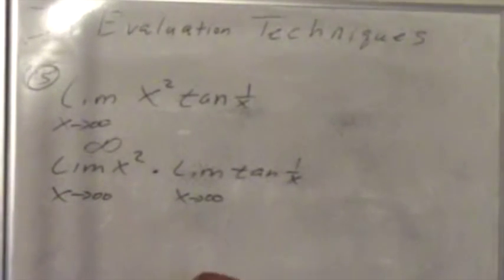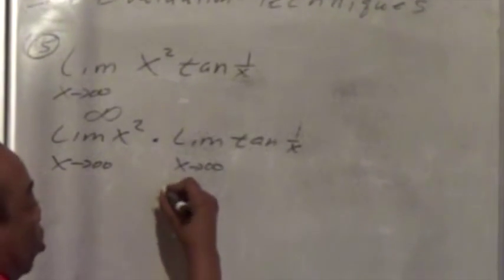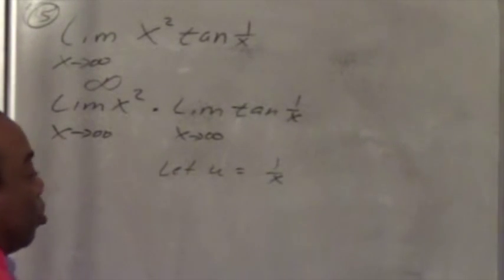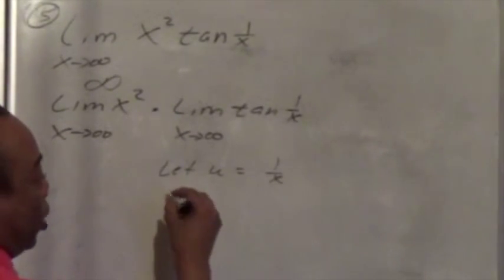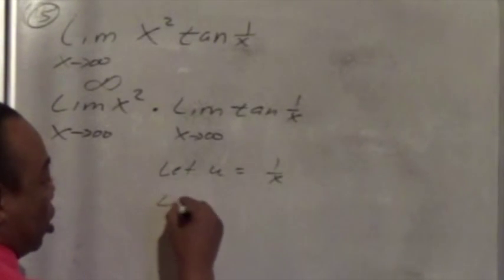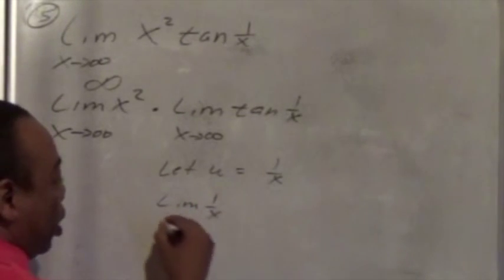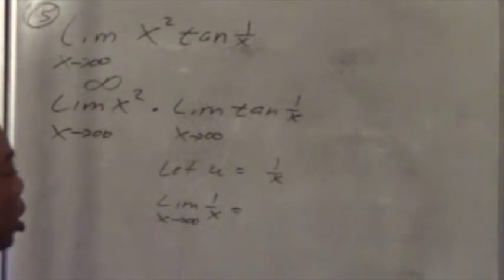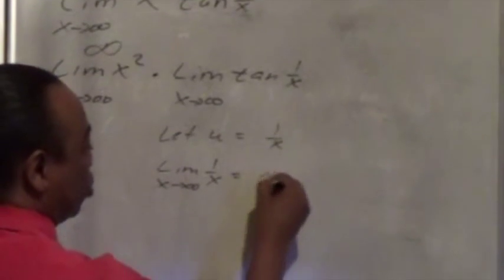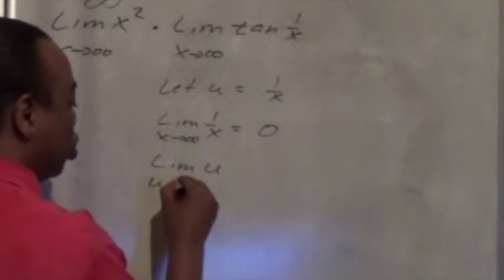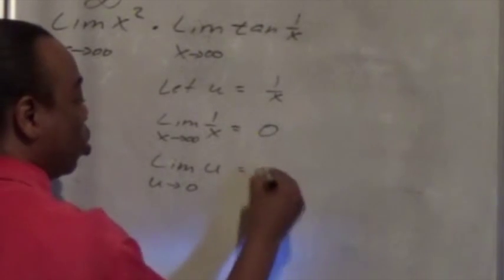So from there, I'm going to once again use substitution. I'm going to let u represent 1 over x, so that if I take the limit of 1 over x as x goes to infinity, this will give me 0. Well, this also implies that the limit of u as u goes to 0 will be 0.